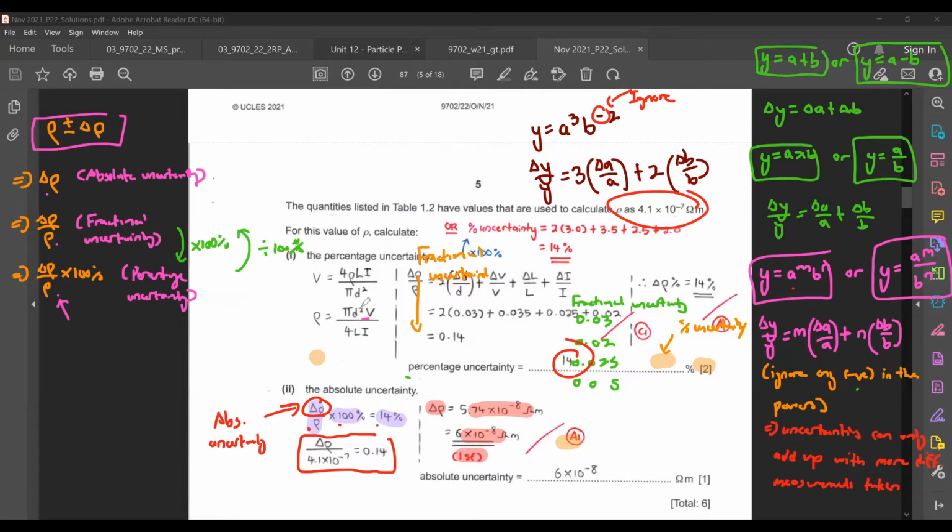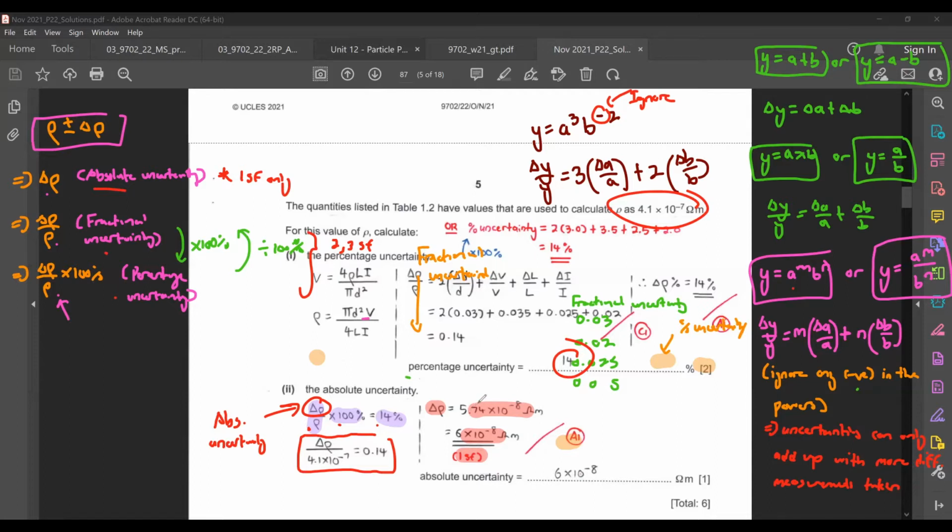One thing that I should mention to you here is that when it comes to finding the values of absolute uncertainty, it must always be at 1 SF only. But when it comes to fractional uncertainty or percentage uncertainty, it can be 2 or 3 SF. So absolute uncertainty, just be careful. Usually we only want it at 1 SF. So here you notice that I got it as 5.74 times 10 power minus 8.